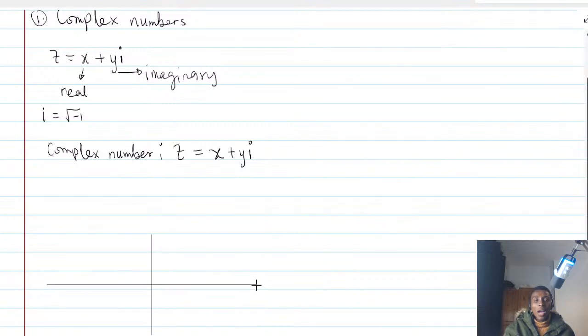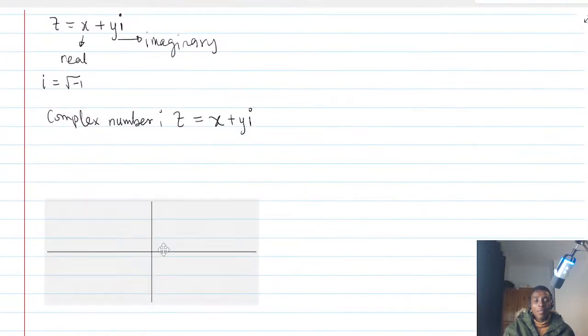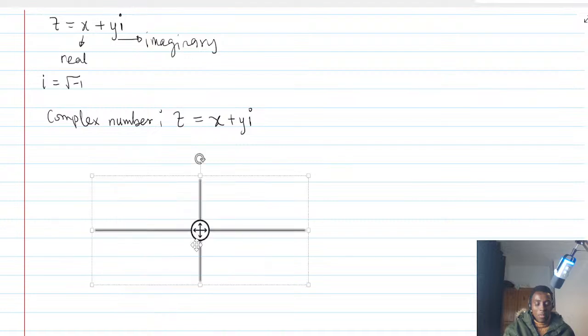So let's say we have a graph, and then I have y, and then I have x. Then I decide that I want the real part to be here, and the imaginary part to be on the y-axis.